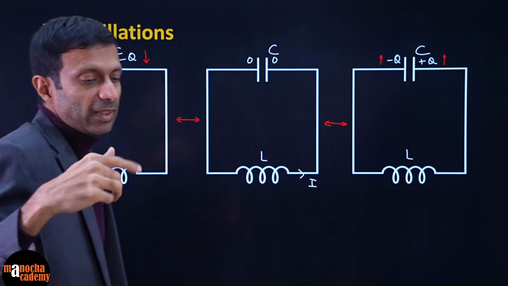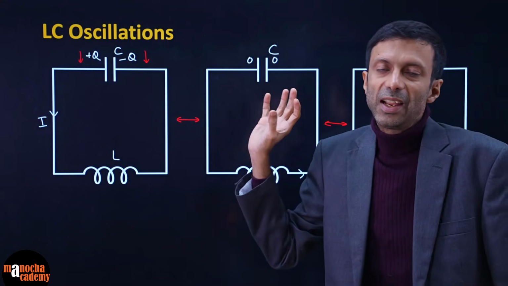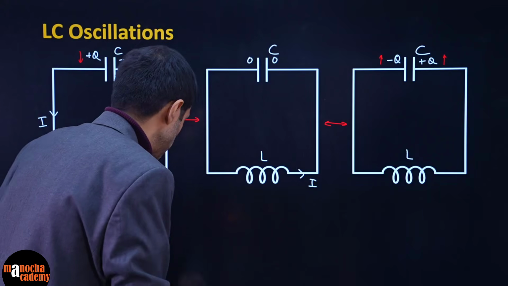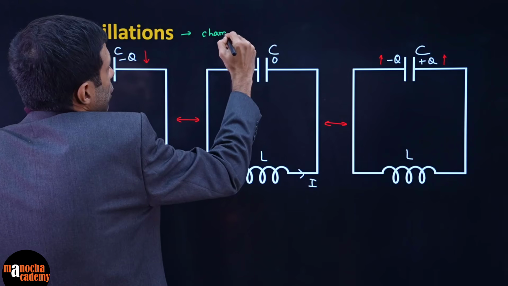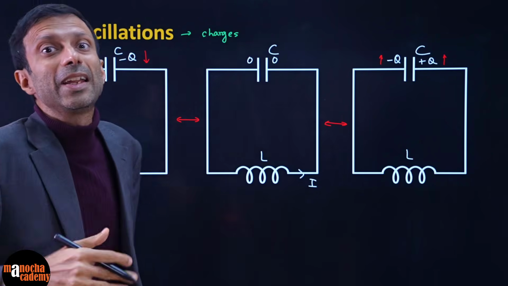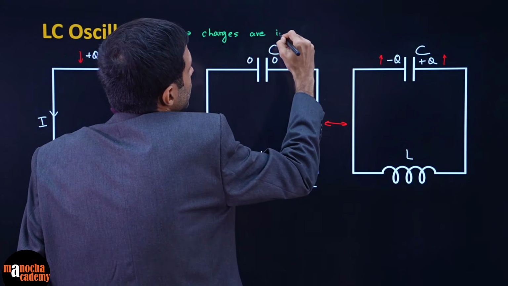And remember this inductor is creating the back EMF. So if you have missed this class, please watch the LC oscillation. But for now, you have to trust me that in LC oscillation, your charges are oscillating. Charge means the charge on the capacitor, right? So charges are in oscillation.